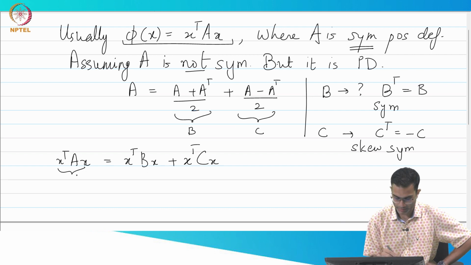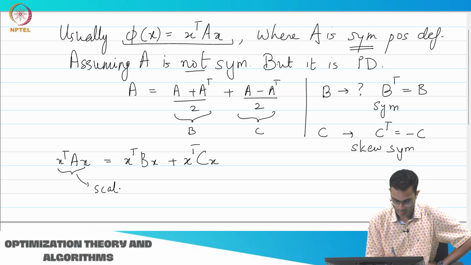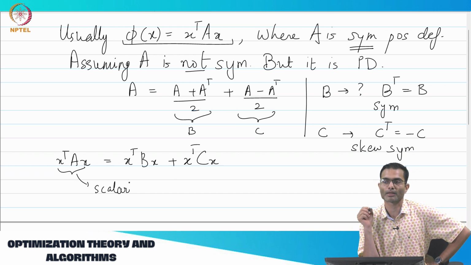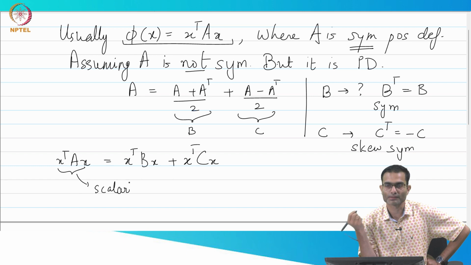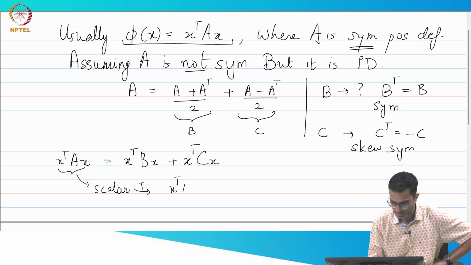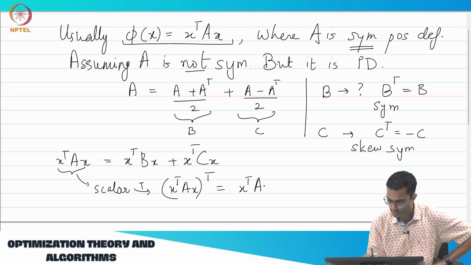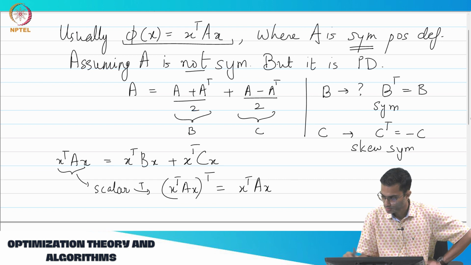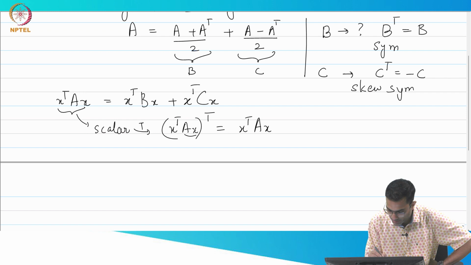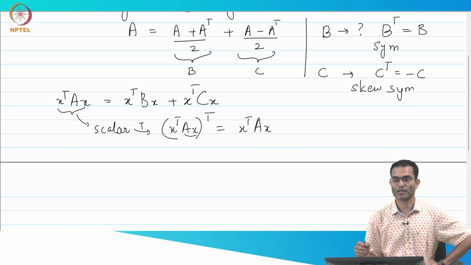It's a scalar, right? For a scalar, if I put the transpose operation, what will happen? I'll get the same number back, right? So if I do a transpose, x transpose AX should be equal to itself, right?